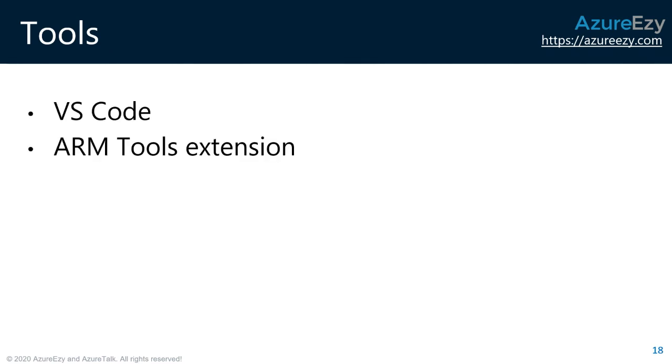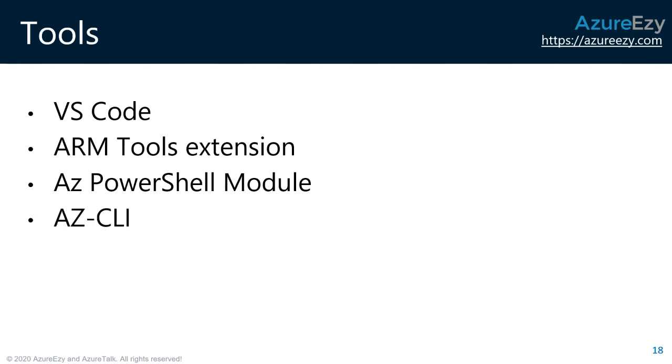Now, when you work with Azure ARM templates, you might need various tools. VS Code you must be using already if you are a developer. VS Code has a very nice extension called ARM Tools, which helps you develop your ARM template just like any other extension in Visual Studio Code.